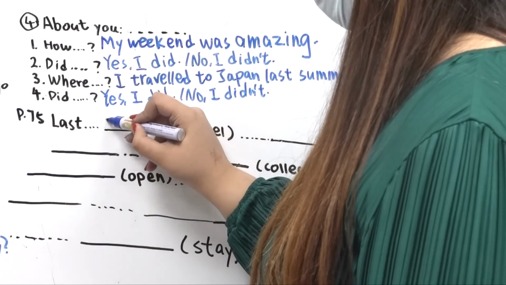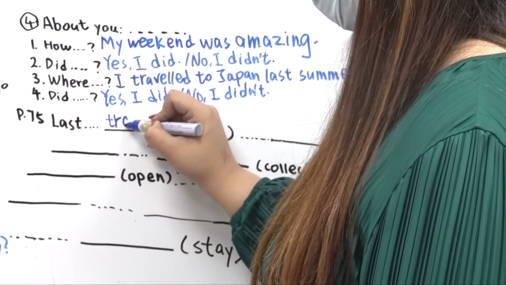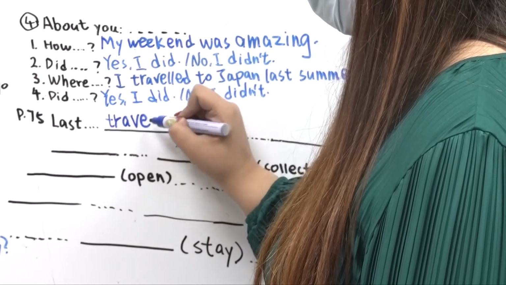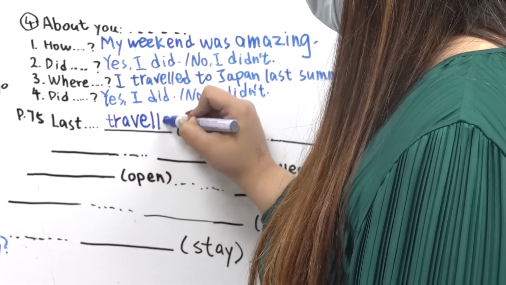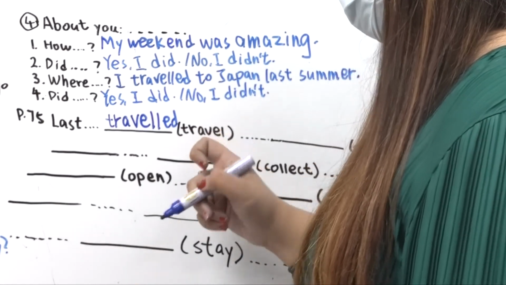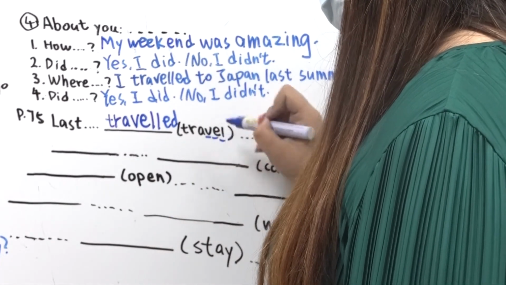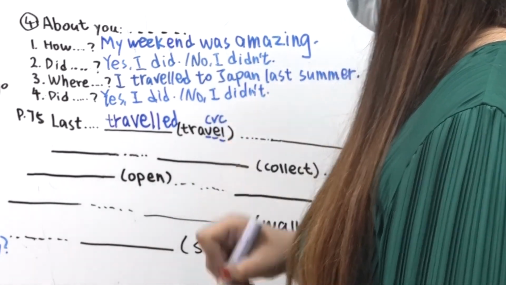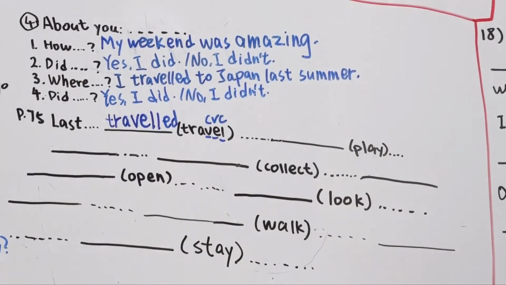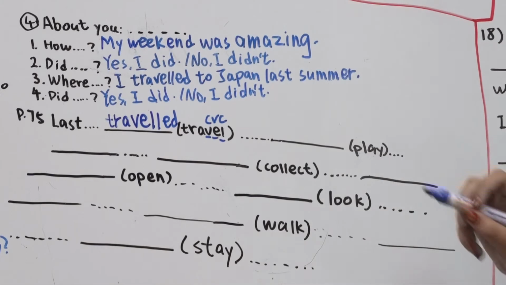So that's why we have to use past tense. Travel becomes traveled. Double the last consonant and add ed here because it is a CVC word. Okay, that's why we double the last consonant. Every day, alright, play becomes played.